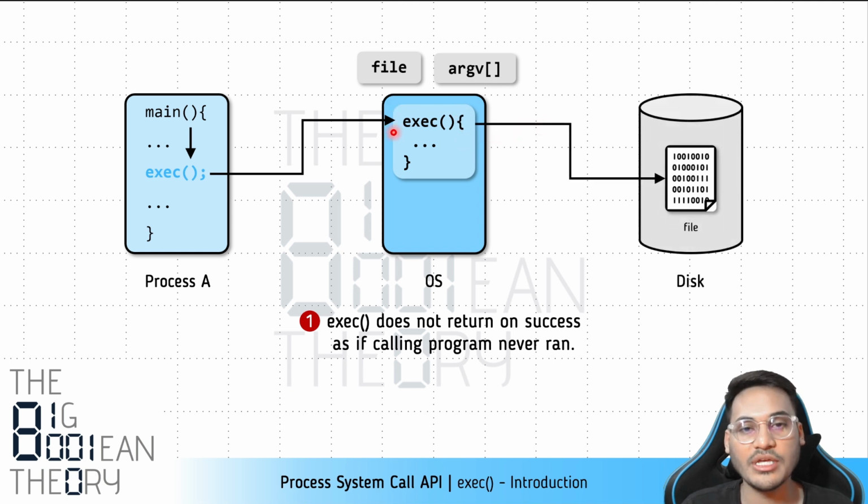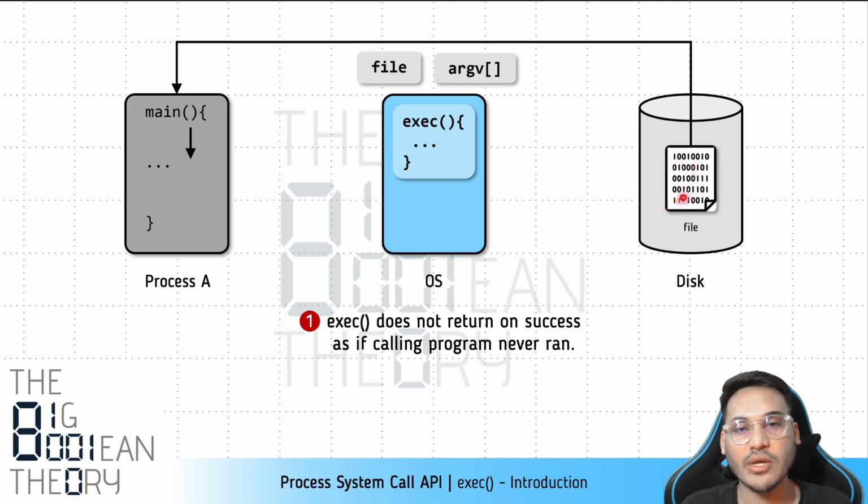The exec routine will find the program or the binary file that is specified by this file name. And then it will use this program to replace the program that is currently being executed in process A. Currently some different program is being executed, signified by this blue color. It is now replaced by a different program, and the new program is specified by the gray color.